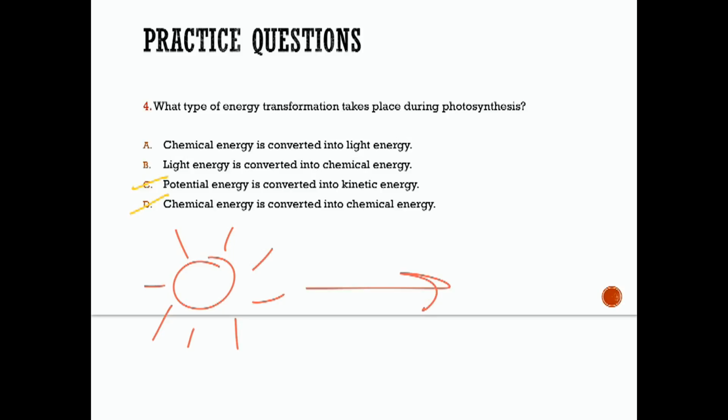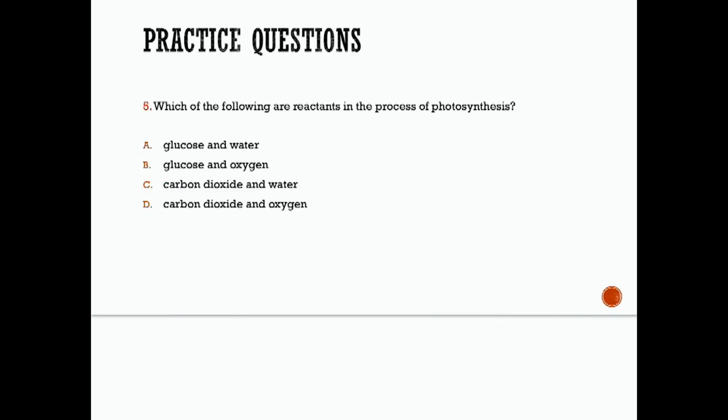This energy is stored in the bonds of those glucose molecules, C6H12O6. Okay, so that chemical energy is stored in the bonds of glucose molecules synthesized during this process. So we're going to go with the one that starts with light energy. So B, light energy from the sun is converted into chemical energy that's stored in those bonds of the glucose.